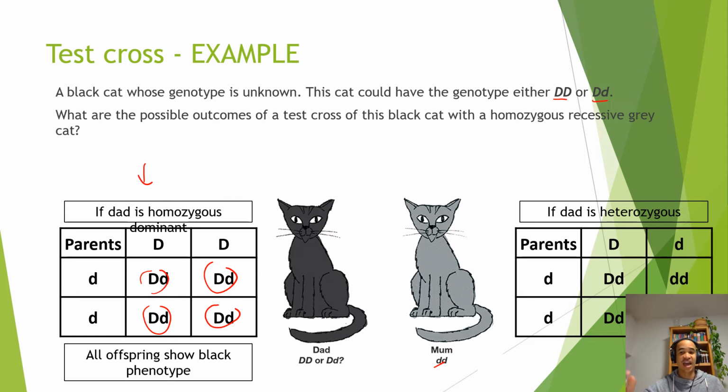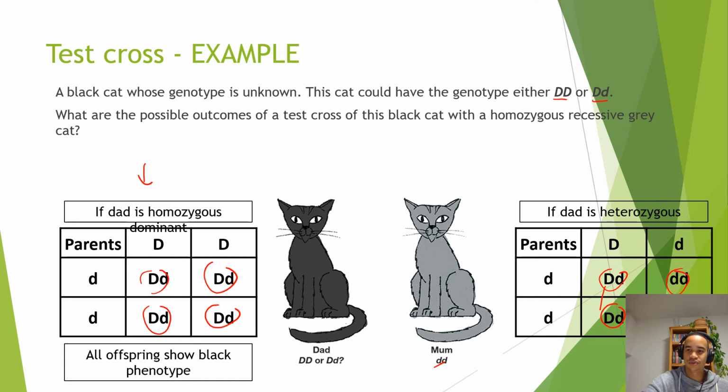Now, if the dad is heterozygous, the other possibility, it's a little bit different. We can see that 50%, 2/4, of the children are heterozygous and will have black fur, but 50% of the children will be homozygous recessive.